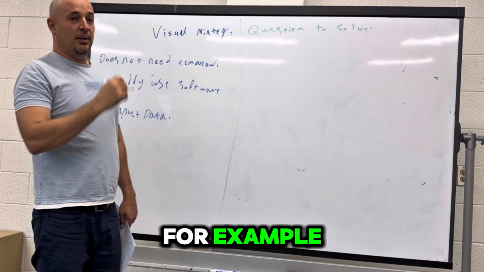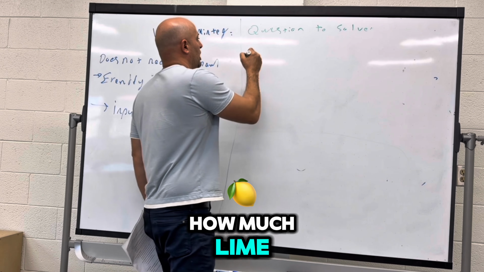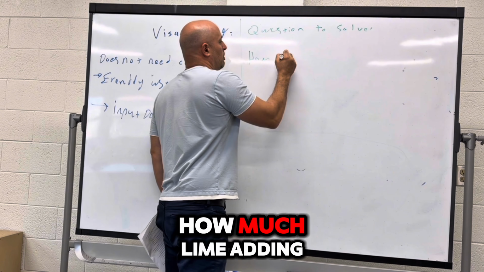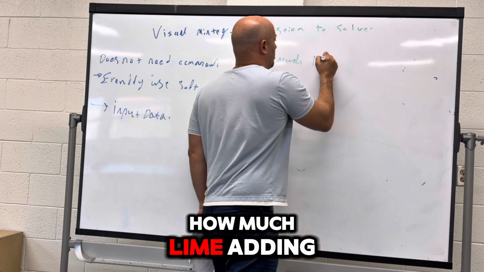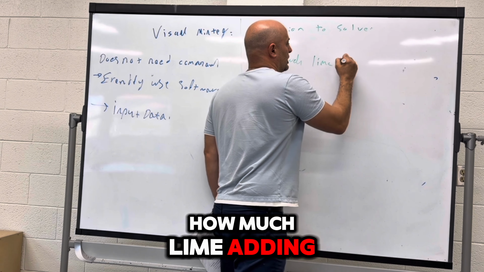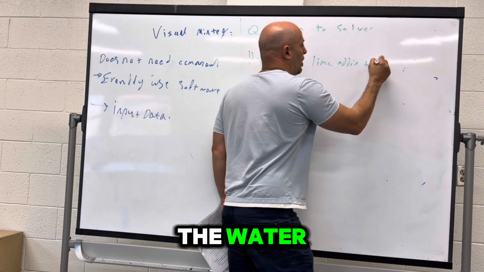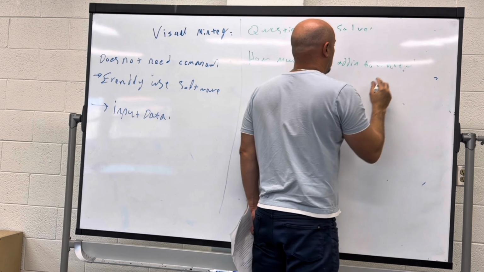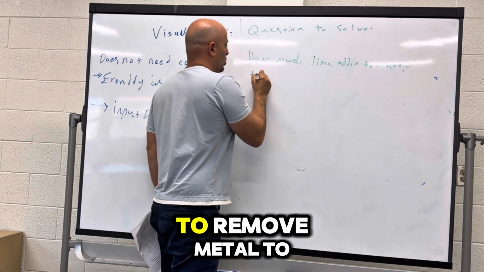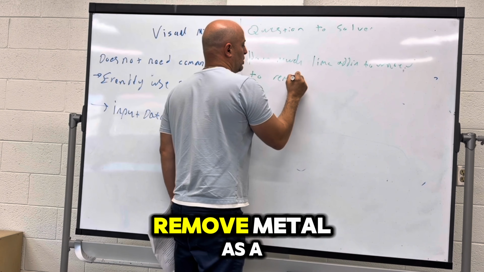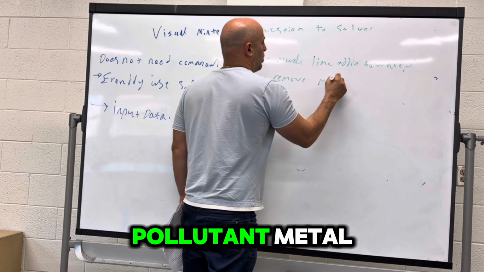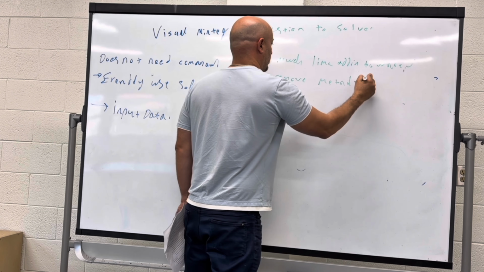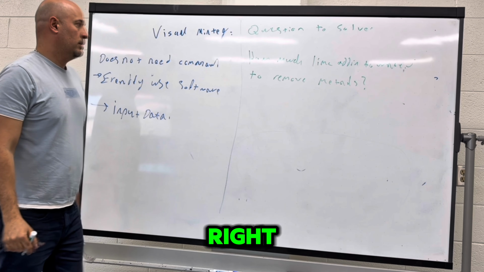For example, how much lime to add to water to remove metal as a pollutant, right?